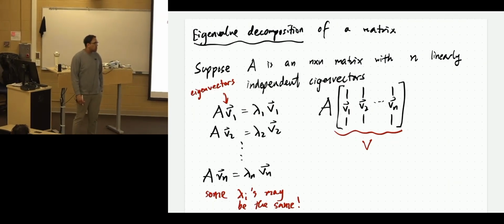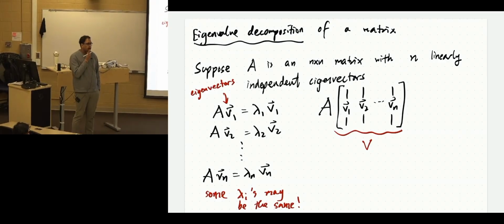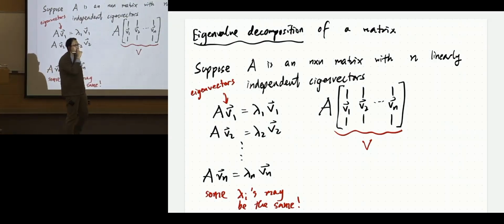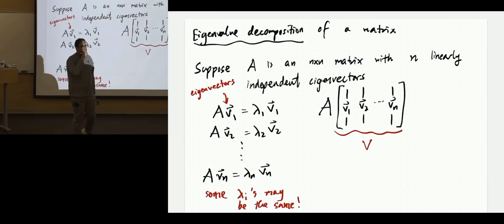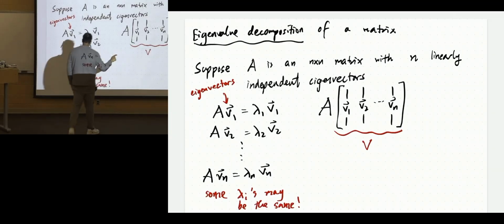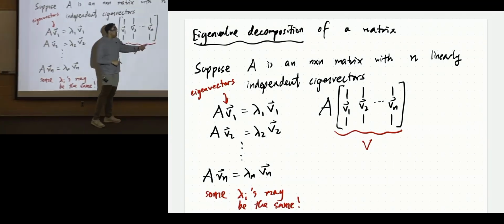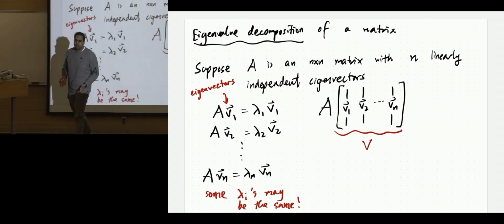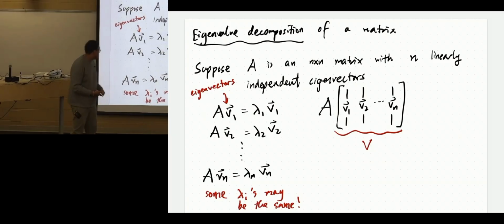Capital V, the matrix V. There are n vectors, so the number of columns is n. How many numbers are in each V? n. It's also an n by n matrix. So the result also needs to be n by n. You multiply two n by n's, you get back an n by n.